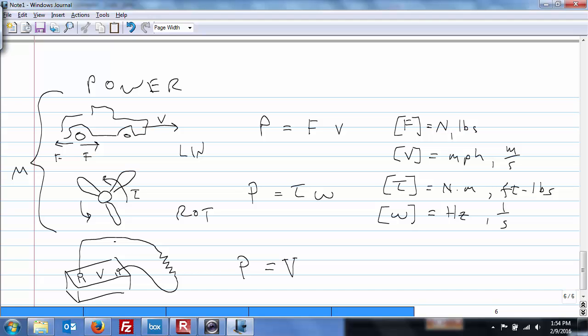What's flowing through this thing? Yeah, current. And that's typically written as I. Sometimes you might see it as A, but A is the units. Current is measured in amps. I is the variable used for current. So P equals VI. Okay. Now. Is it EI squared?